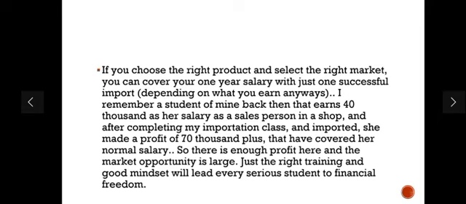So it covered her normal salary. There is enough profit out there, and the market opportunity is large. More persons are buying bags, more persons are buying shoes. They will always buy bags, they will always buy shoes, hair, and everything that is trendy. All you need is just the right training and the good mindset, then this will be a pathway to your financial freedom.